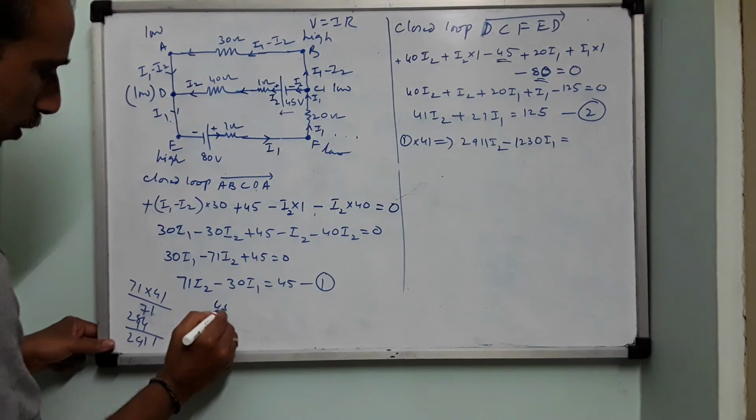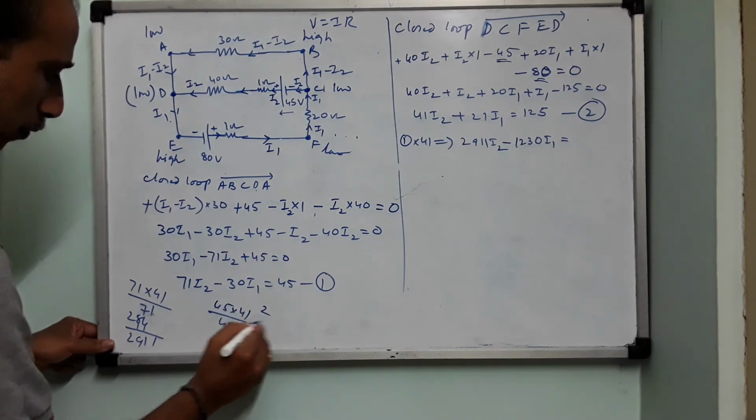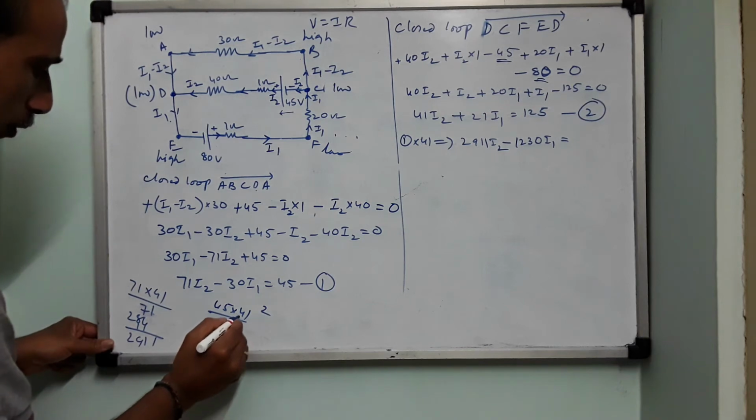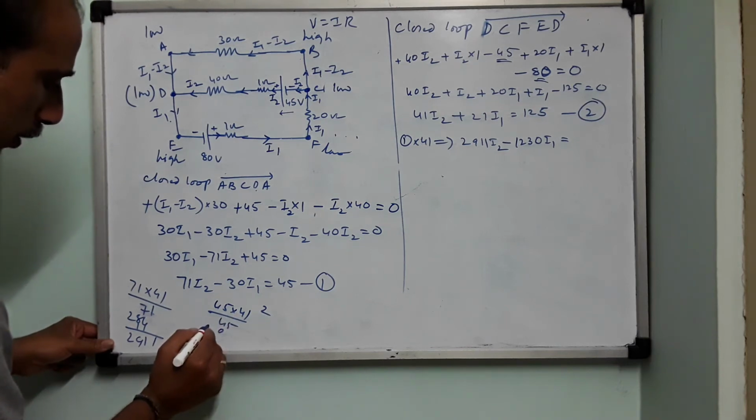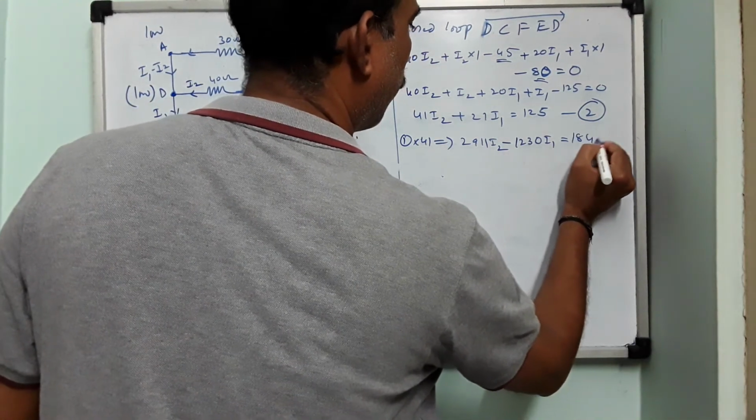So 45 into 41 is 1845. So this equals to 1845. Very big numbers.